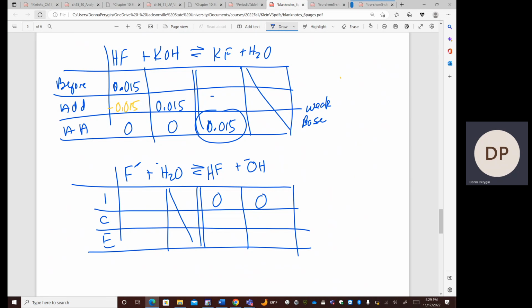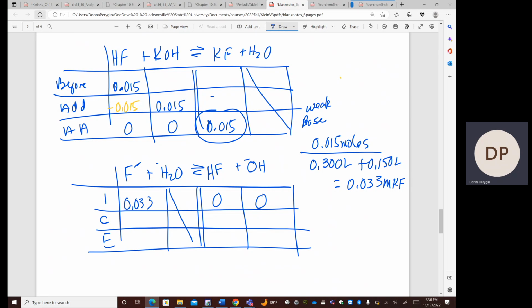So we have 0.015 moles of KF. Okay, and we're going to divide that by everything we added in the volume. So 0.300 liters plus 0.150 liters. So this is our acid plus our base that we added, and we get 0.033 molar KF.